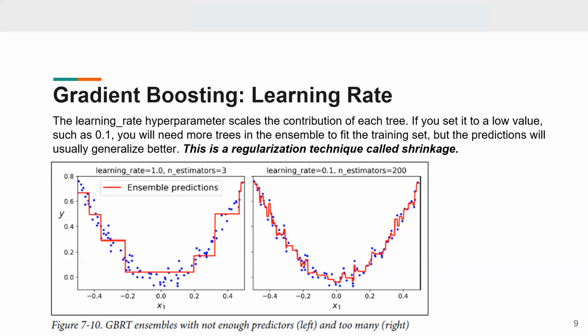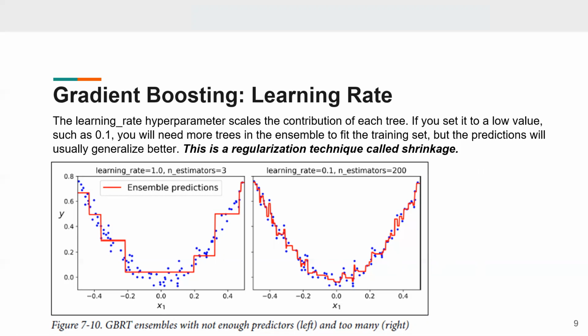If you set it to a low value, for example 0.1, you don't have a lot of contribution from each tree, and then you need more trees in the ensemble to fit the training data set. The good news is that if it's small, the predictions will usually generalize a little bit better. So this is a regularization technique called shrinkage.